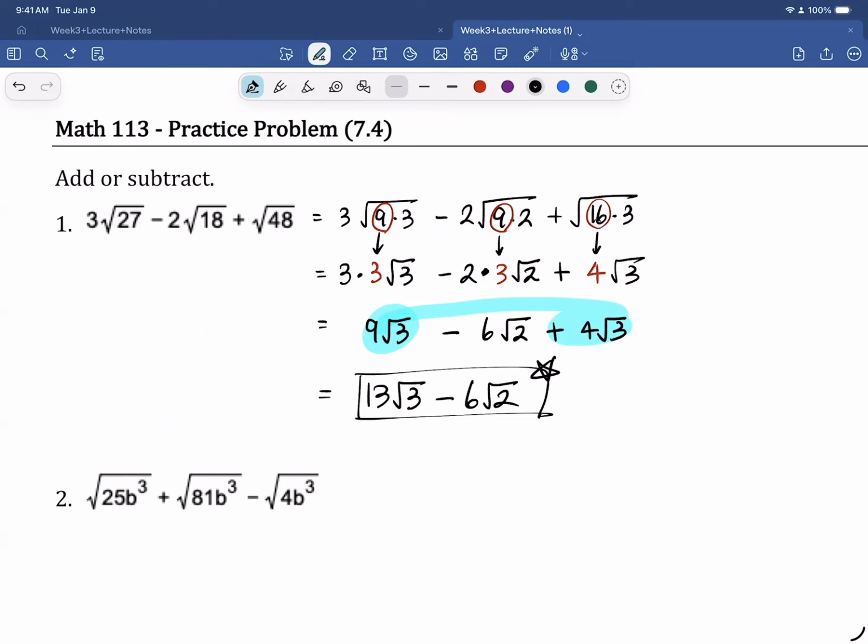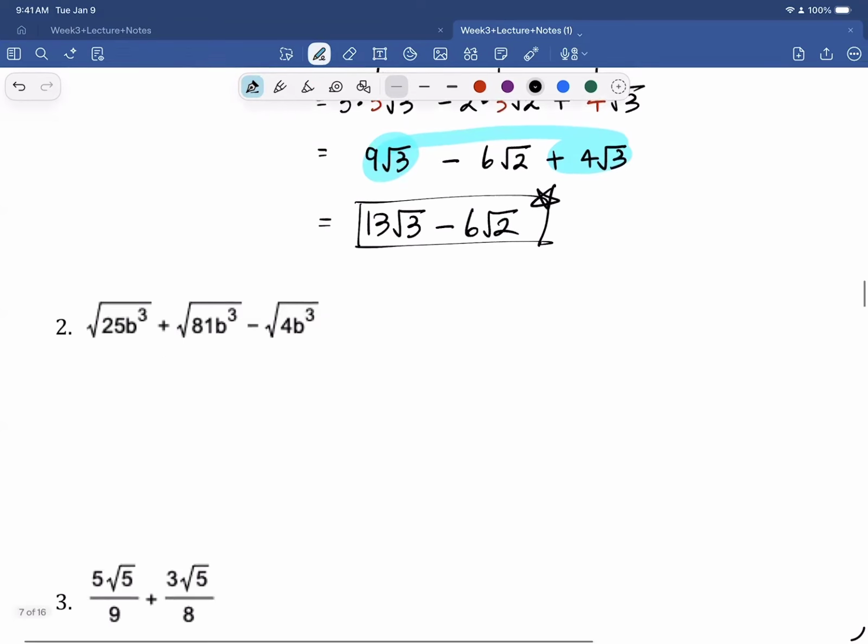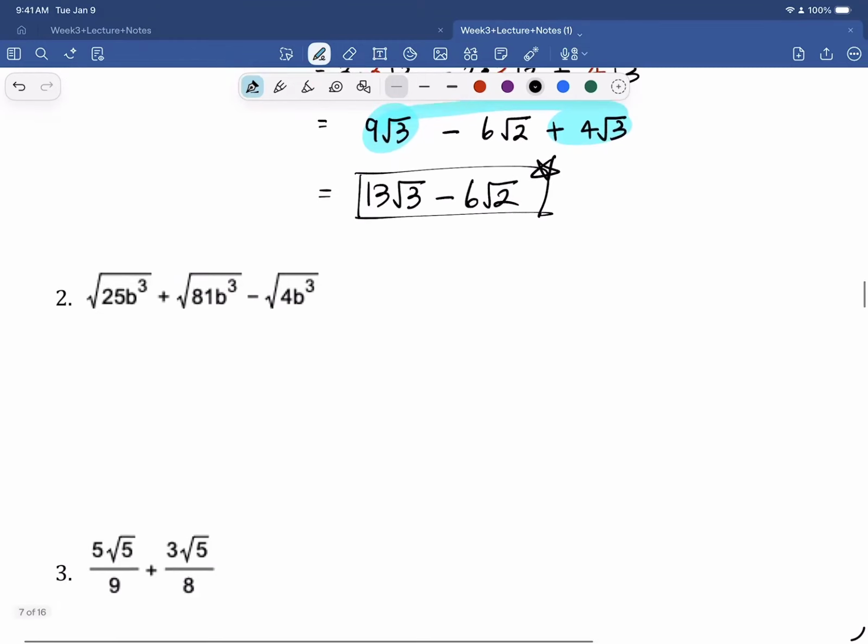Any other questions so far? All right, so this one, we have a number and letter, so I'm gonna split it up first. Square root 25 and square root b cube, and then 81.